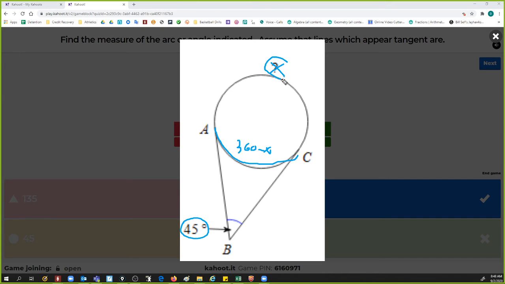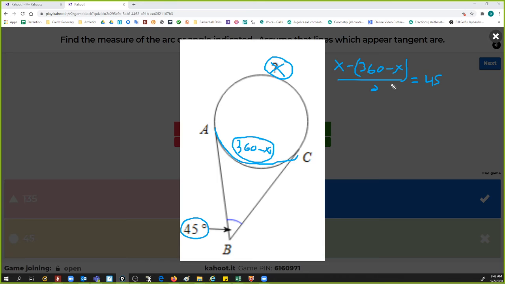Since we have to do big minus small, we do x minus (360 minus x), in parentheses, over 2, equal to the angle, which here is 45.